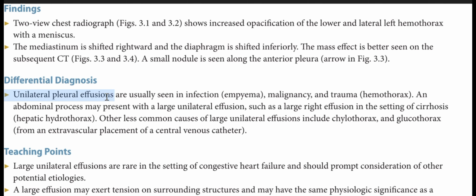For unilateral pleural effusion, the differential diagnosis should be infection, empyema, malignancy, trauma, hemothorax. The first one to come to mind is malignancy, then trauma and infection or empyema.